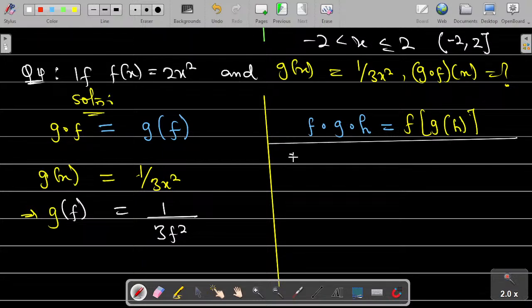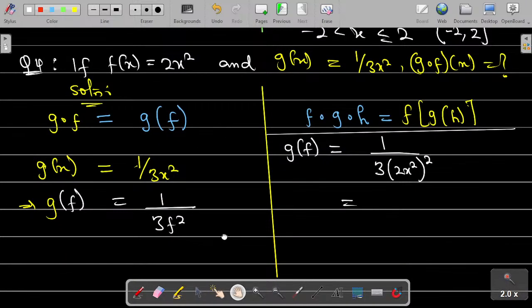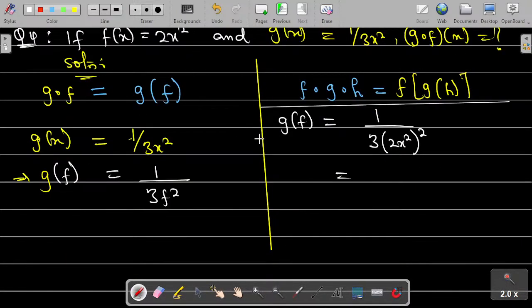So at this time, I can bring in my f. My f is given as 2x squared. So that's going to be 3 times, now f is 2x squared, then I will still square it, because that was squared there. Then if I evaluate this, whatever I get will be my solution.